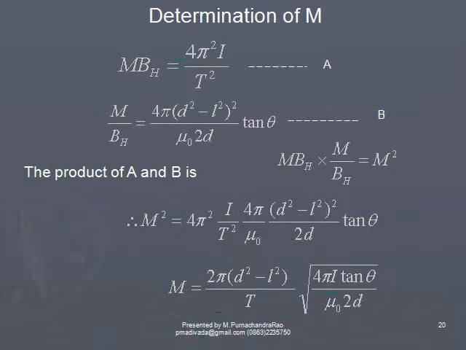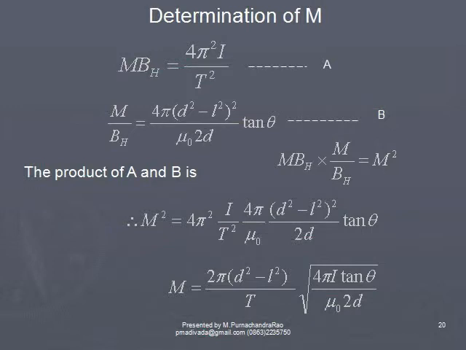Therefore, M square is equal to 4 pi square I by T square into 4 pi by mu naught into (d square minus L square) whole square by 2d into tan theta.